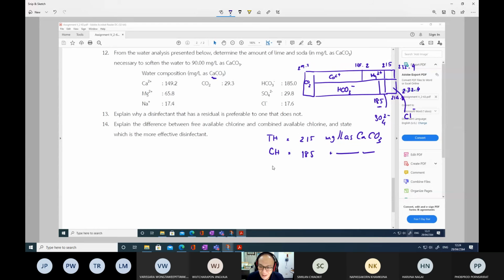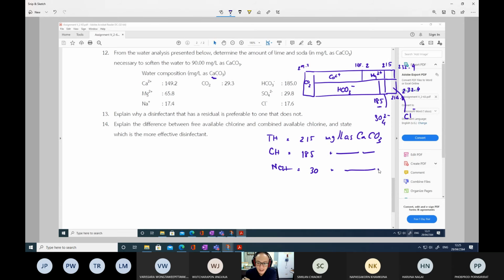Then non-carbonate hardness is the difference between total hardness and carbonate hardness, which is 30 milligrams per liter as calcium carbonate. These are the types of hardness found in this water.